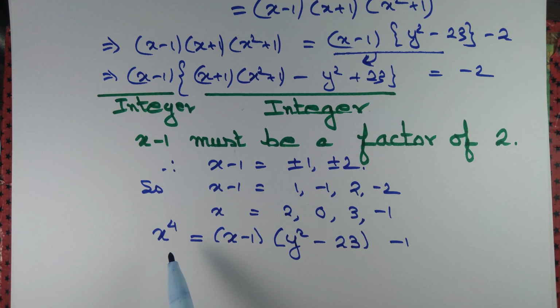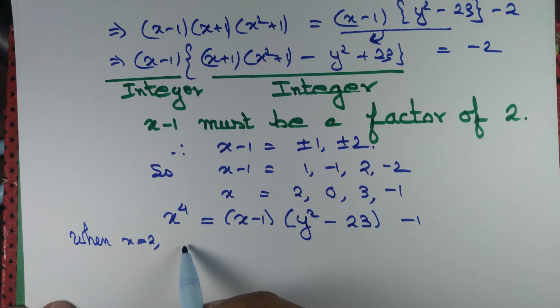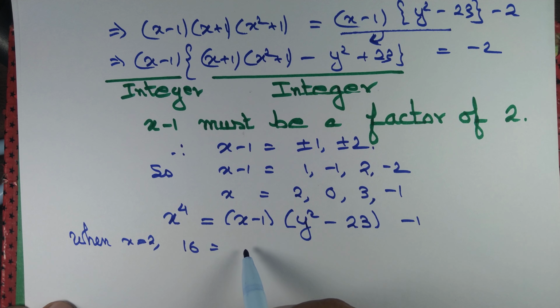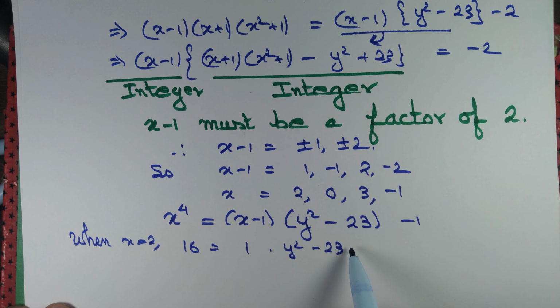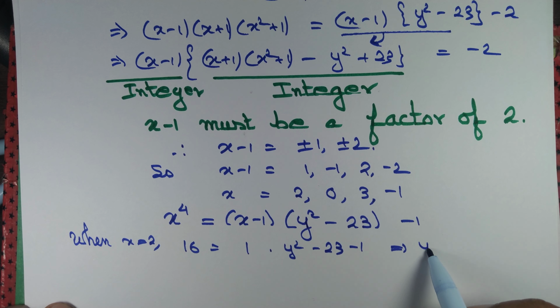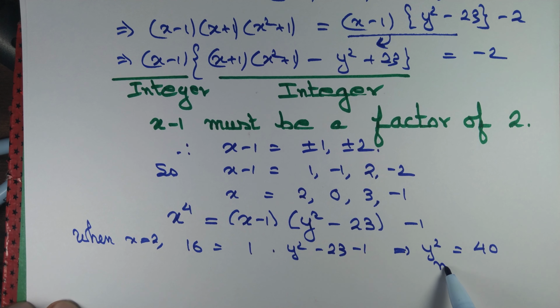Let's write equation 1 once again. x to the power 4 equals (x minus 1)(y square minus 23) minus 1. When x equals 2, you see 2 to the power 4 is 16, and 2 minus 1 is 1. And that's equal to y square minus 23 minus 1. That gives us y square equal to 24 plus 16, that's 40, which is not possible.